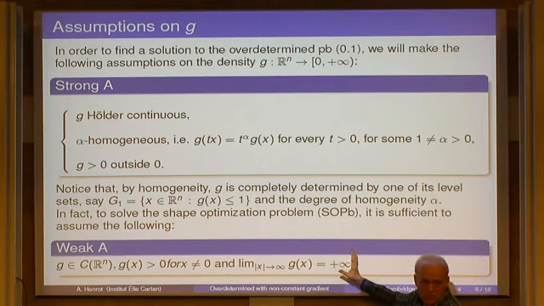These weak assumptions on J are sufficient for me to prove existence for my shape optimization problem. And when I want to come from the shape optimization problem to the overdetermined problem, I need more. I think in my next slide you will understand why.